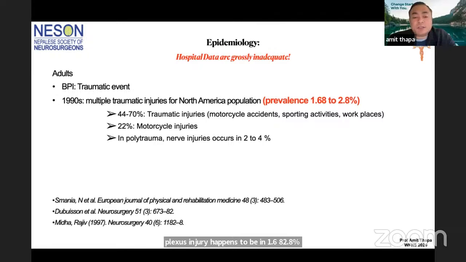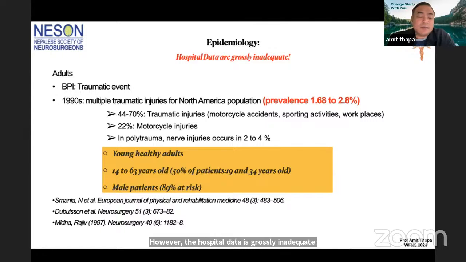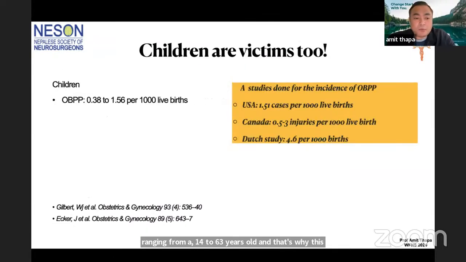In polytrauma patients, nerve injuries can go as high as 2 to 4%. However, hospital data are grossly inadequate, so these population-based data need to be understood. What is more challenging is that most often these patients are young, healthy adults, ranging from 14 to 63 years old, which makes this very important nationally also.